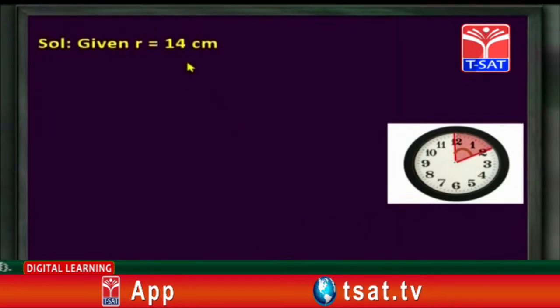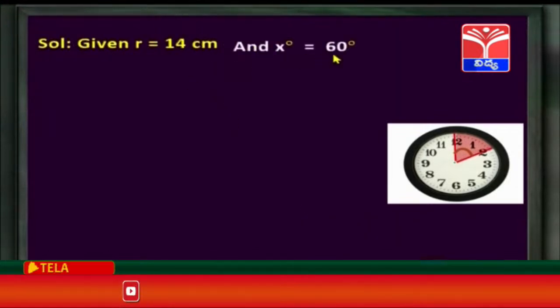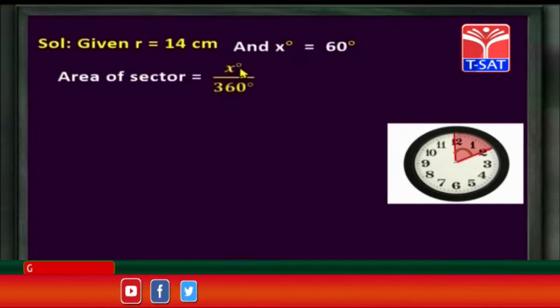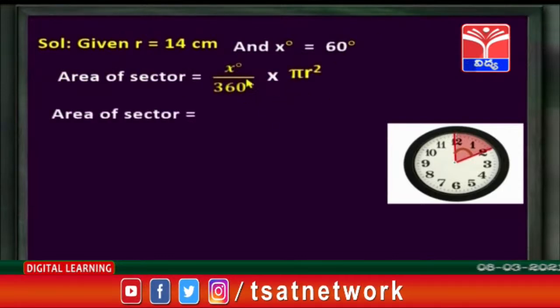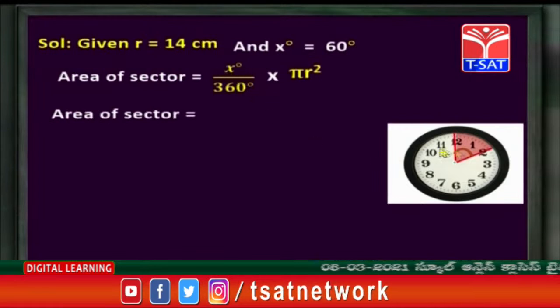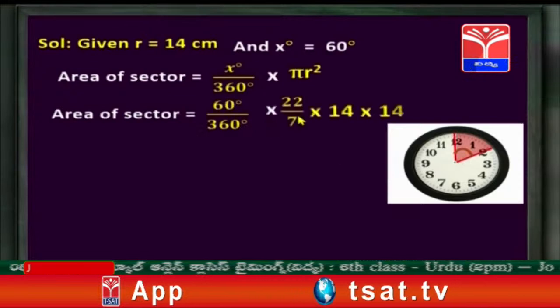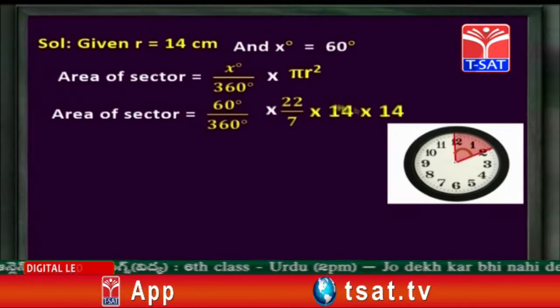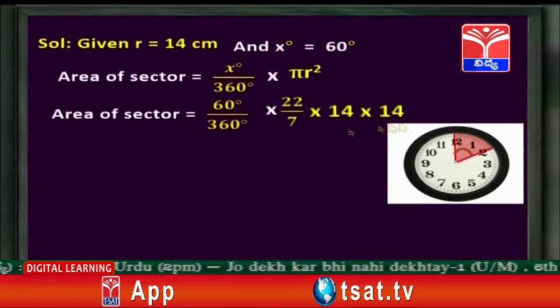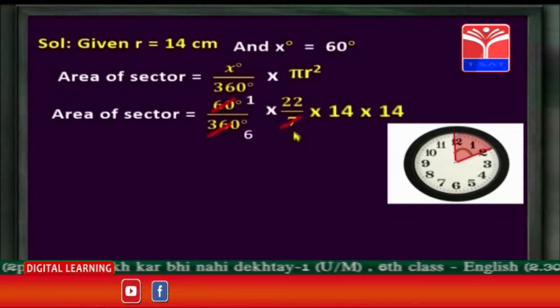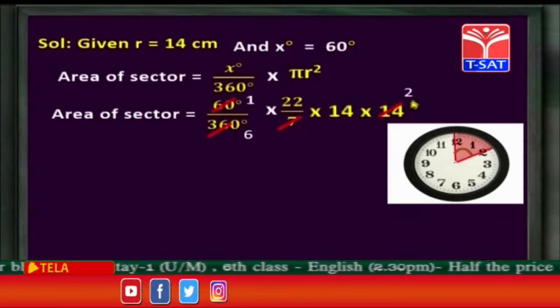Now given r is 14 and x is equal to 60 degrees, the area of sector is equal to x by 360 into pi r square, and x is nothing but what we got here, 60 degrees. So 60 by 360 into 22 by 7 into r, which is given as 14, into 14. 60 ones are 6, 6 sixes are 36, 7 twos are 14.